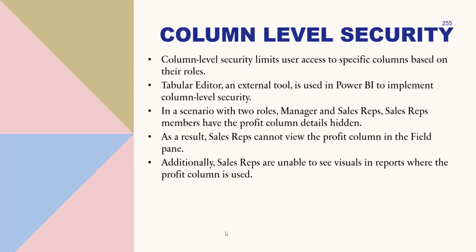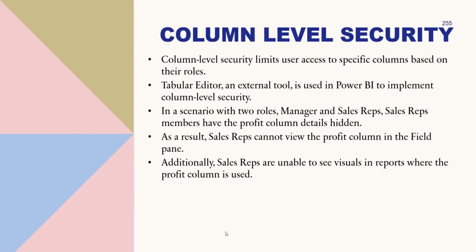Column level security limits user access to specific columns based on their roles. By using Tabular Editor, an external tool used in Power BI, we can implement column level security. Let's take a scenario with two roles, manager and sales representative, where the profit column is hidden.